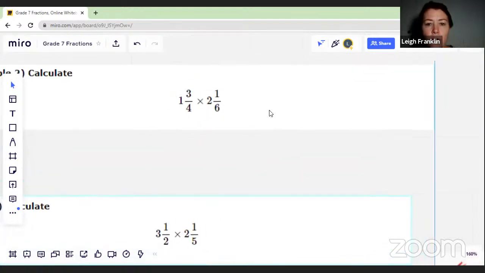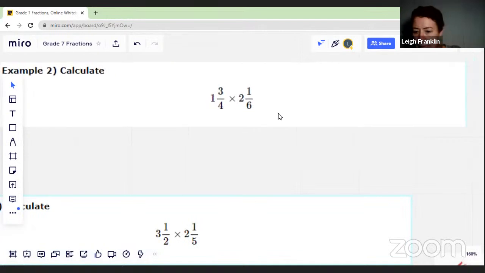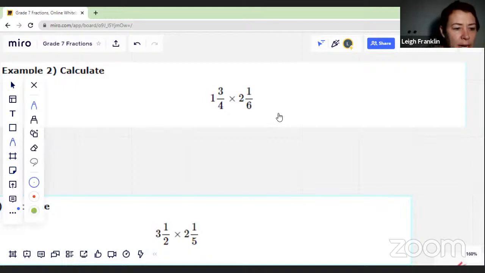So we're going to do number 2 at the top first. That's the one that I'm busy wiggling about at the moment. All right. And I'm going to go back to the beginning of my list and I'm going to ask Katie. Don't know if you can hear me, and I hope you can. What would we do with 1 and 3/4 if we wanted to multiply it by 2 and 1/6? What do we have to do?